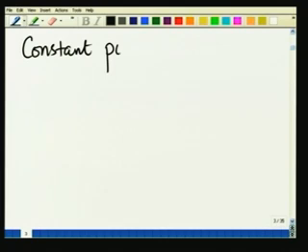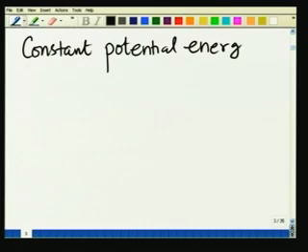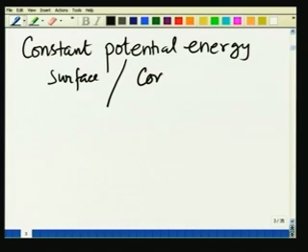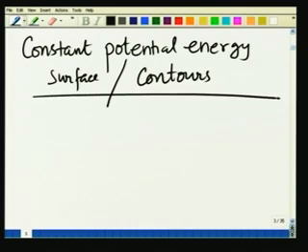For that, let me first introduce the concept of a constant potential energy surface, or in 2 dimensions what are called contours. Probably when you were doing your geography in your 8th or 9th grade, you came across such a term as contours.